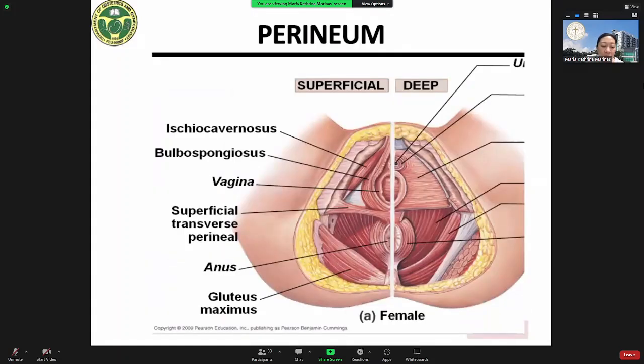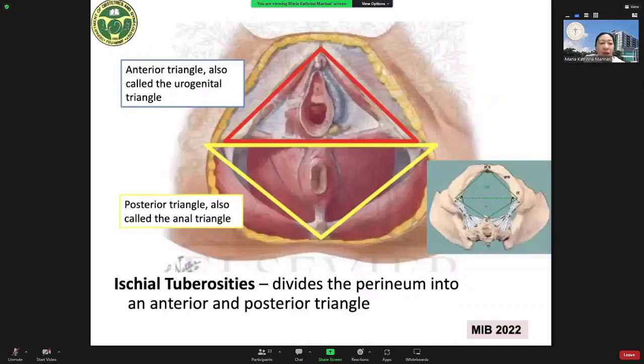So let's now proceed with the inner structures. The perineum is also subdivided into superficial and deep spaces by the perineal membrane. The anterior triangle is also called the urogenital triangle, whereas the posterior triangle is called the anal triangle. And these are divided by the ischial tuberosities along each side, and they form the base here.